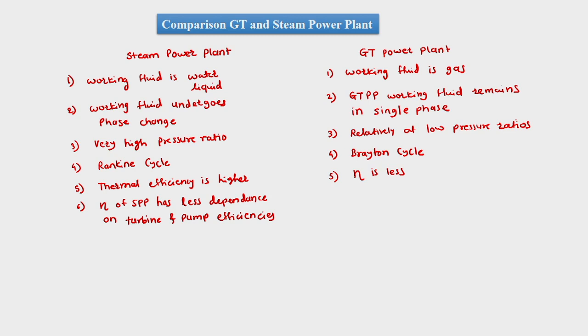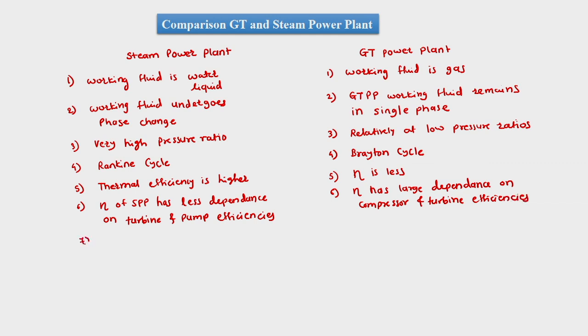So work ratio is very high for steam power plant, and due to which the efficiency of steam power plant has less dependence on turbine and pump efficiencies, but this efficiency has large dependence on compressor and turbine efficiencies.